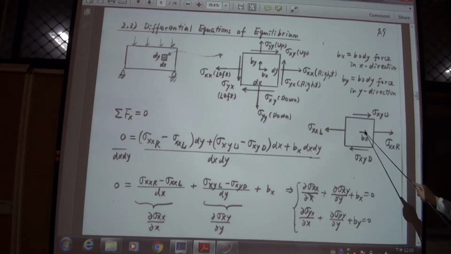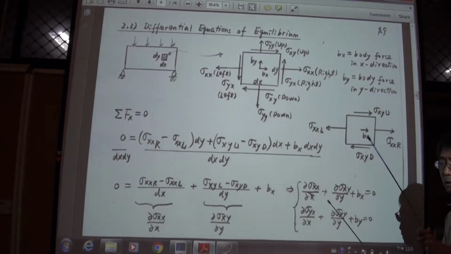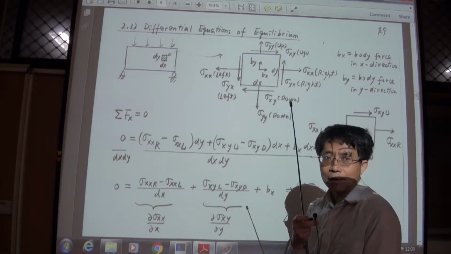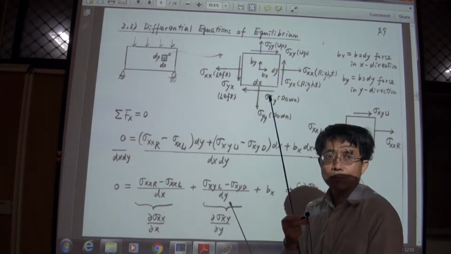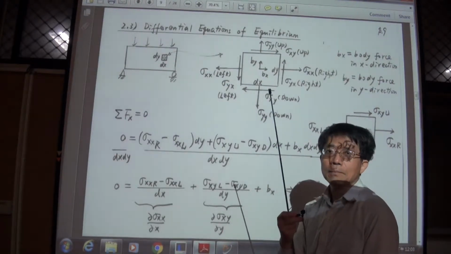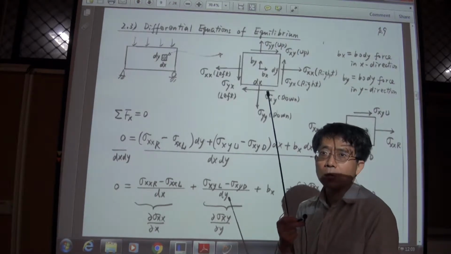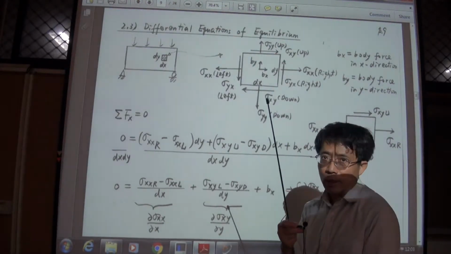And this one, what is here? Times dx dy. Why? Because the unit of the body force is usually counted per unit volume in the three-dimensional case. Now in the two-dimensional case, we consider the body force per unit area.